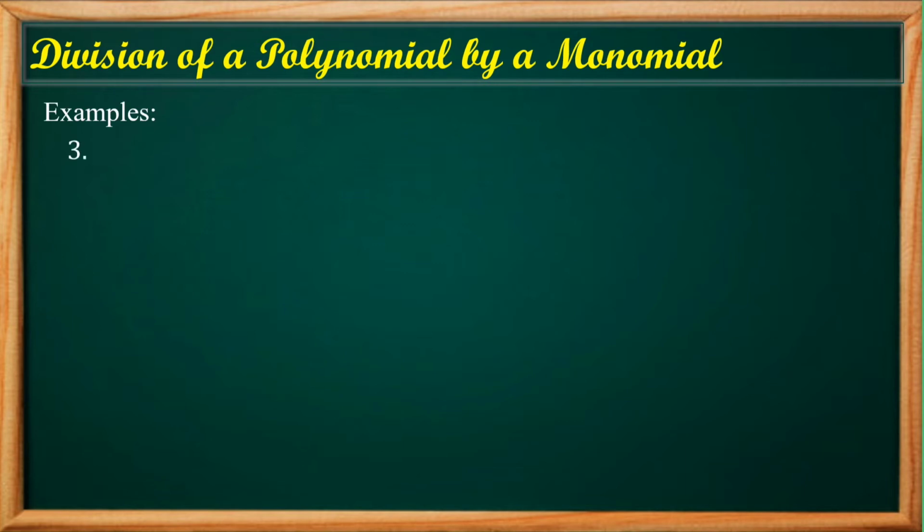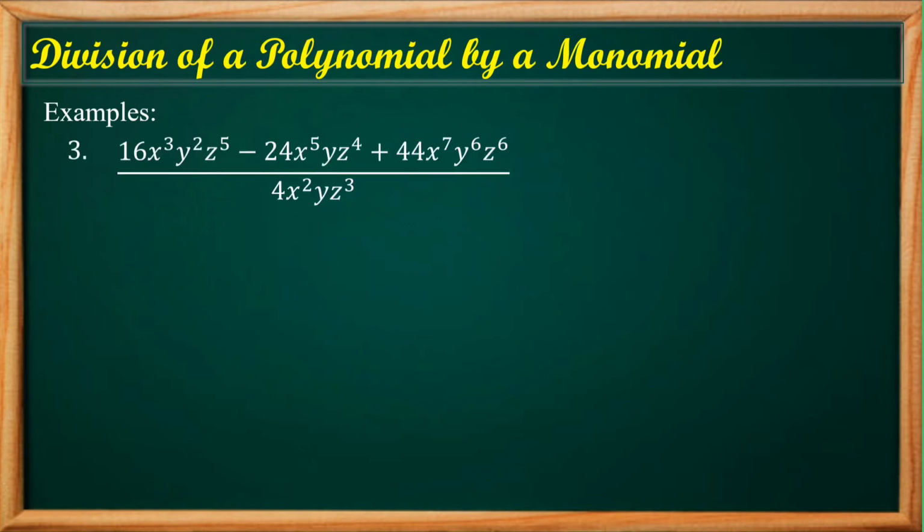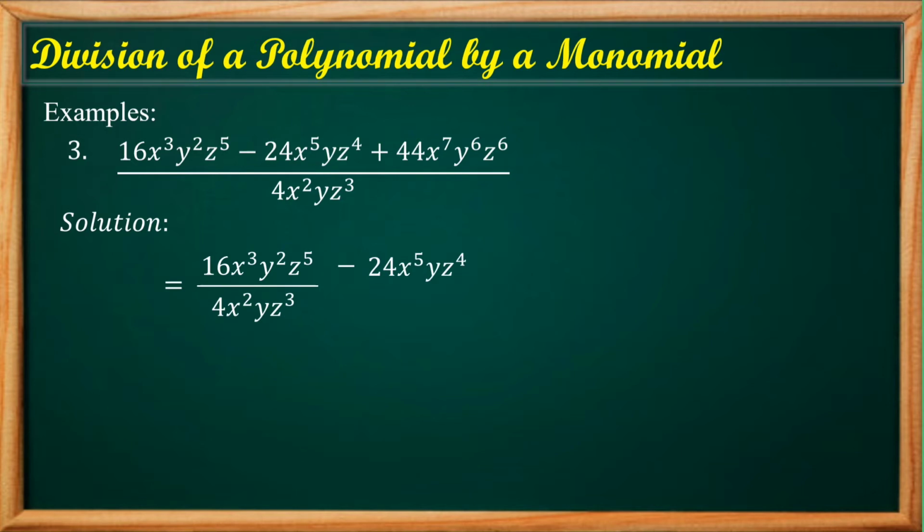Next, example number 3. Example like this. Okay, the same. Each term divided by our denominator. Minus 24x raised to 5, yz raised to 4, then like that. Divide by our denominator.